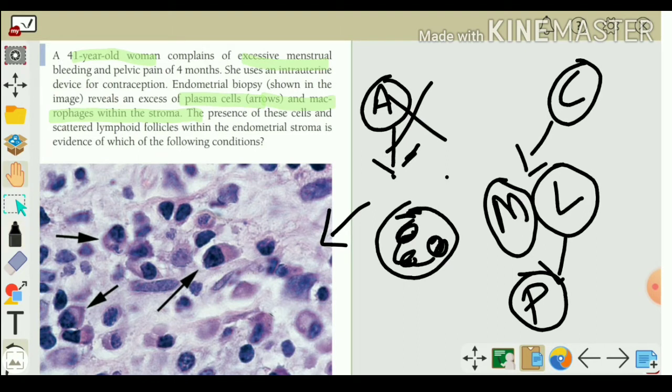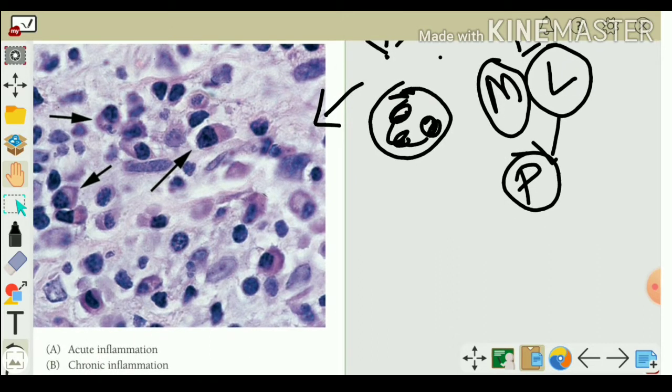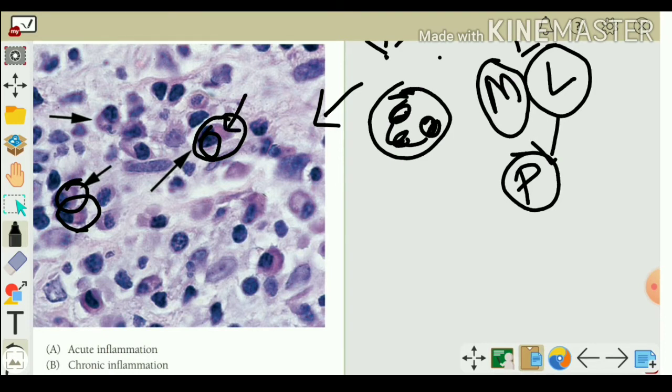They already said that it is an endometrial biopsy, and in this biopsy we can see the plasma cells here. The nucleus is big, with cytoplasm.